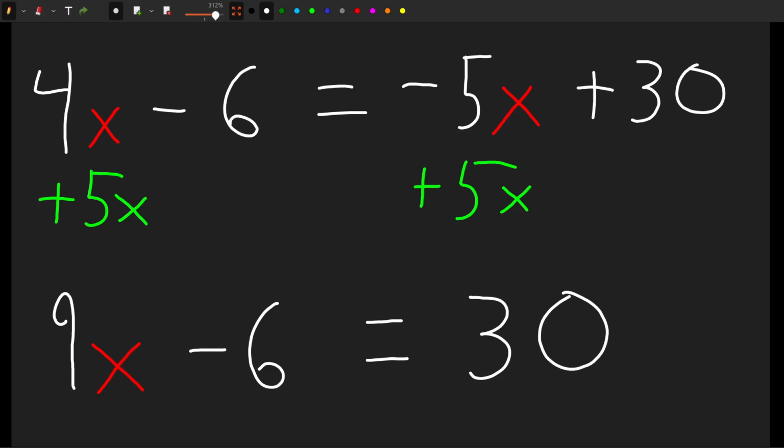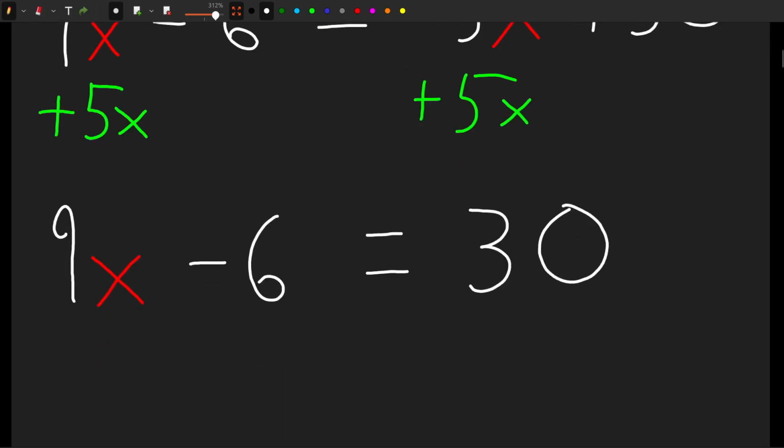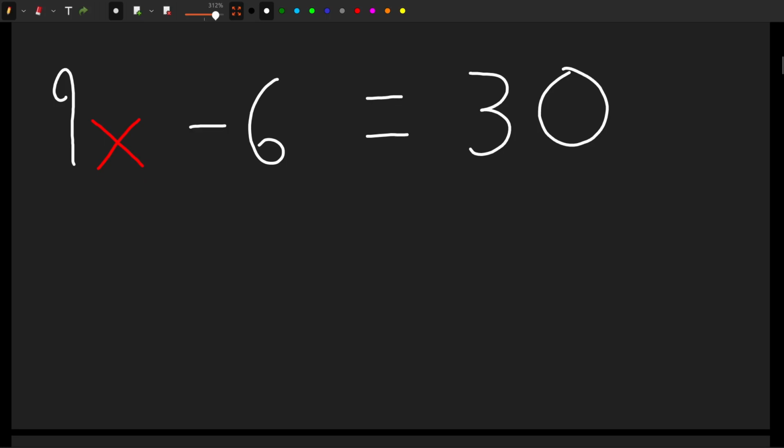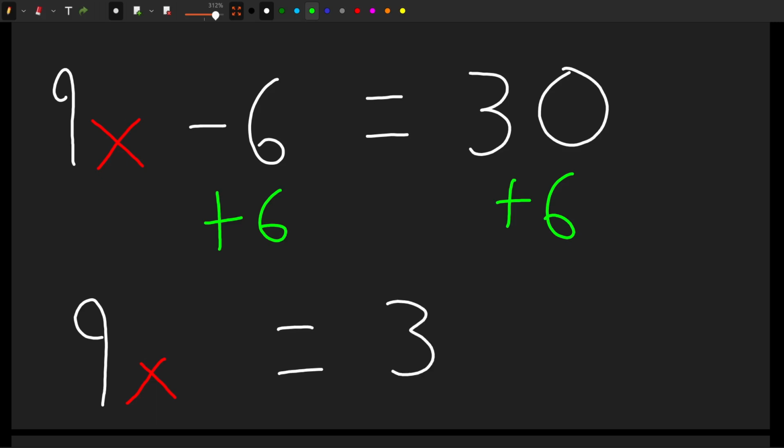Now on to step 3, I now need to collect all the constant terms to the other side. So what that means is I'm going to now add 6 and put it onto the right-hand side. So I will have 9x is now equal to 36.